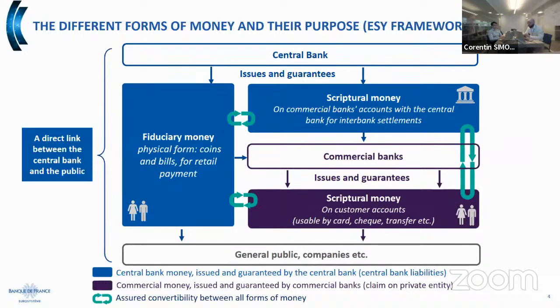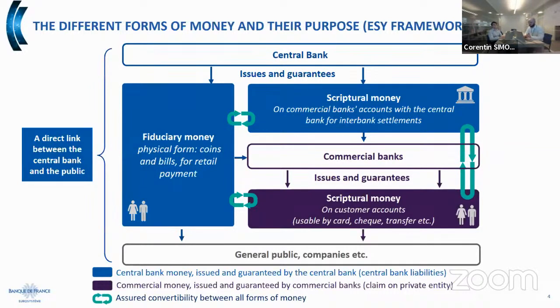And the convertibility is assured between all those different forms of money, which makes the system work. For instance, 1 bill of €1 is equivalent to €1 in a bank account. This distinction is not very well known, I would say, but for a good reason: the convertibility is fully assured.